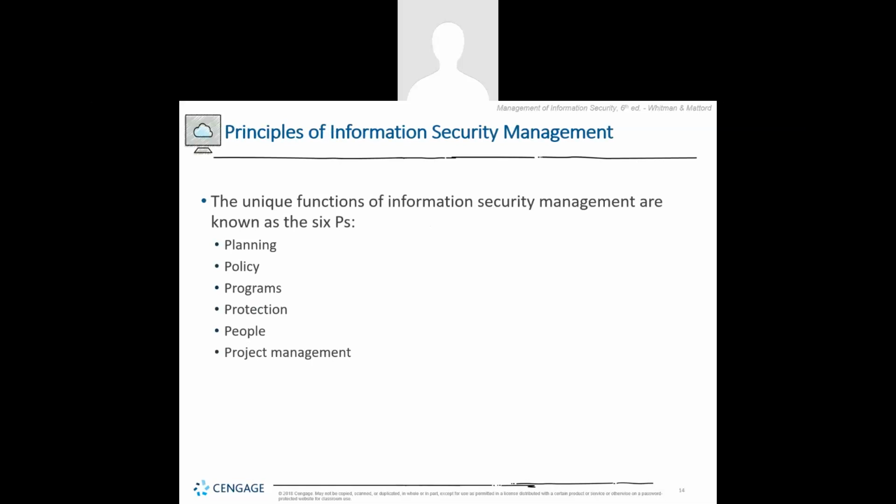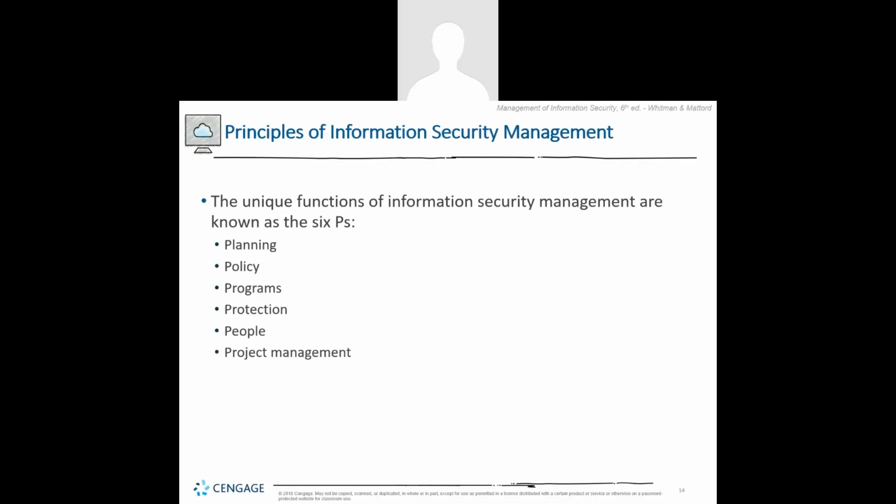Now, there are six P's that are unique to managing information security. Planning: you define your strategies and goals. With policy, you're establishing rules and guidelines. Programs implement the initiatives. Protection safeguards your assets. With people, you want to train and manage your staff.